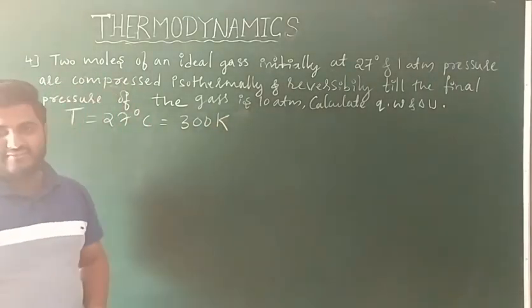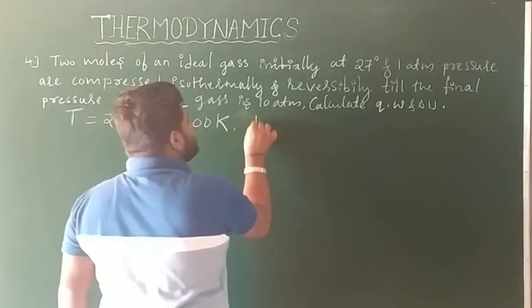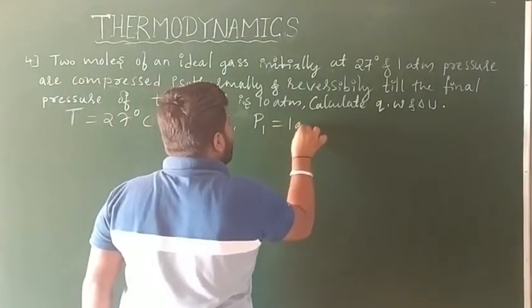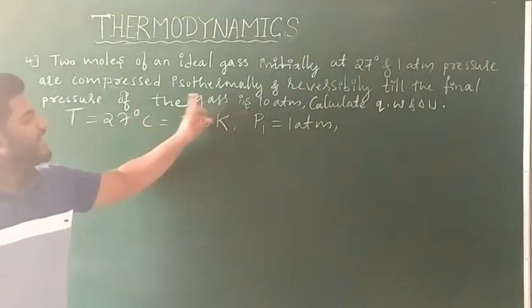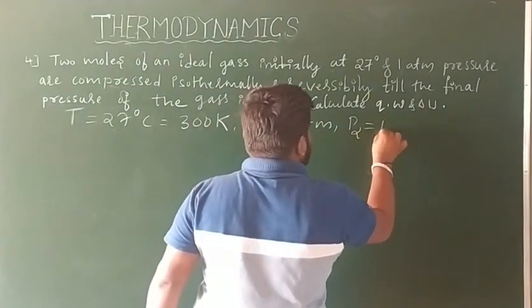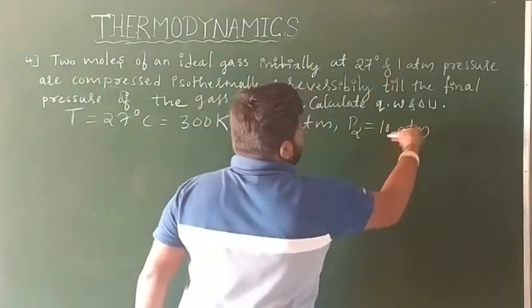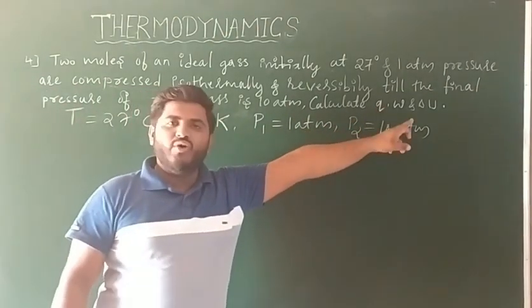Because the SI unit is Kelvin, that's all. Next, 1 atm pressure is given, the initial pressure P1 is equal to 1 atm. Next, the pressure of the final gas is 10, that means P2 is 10 atm. Then we have to find out Q, W and del U.